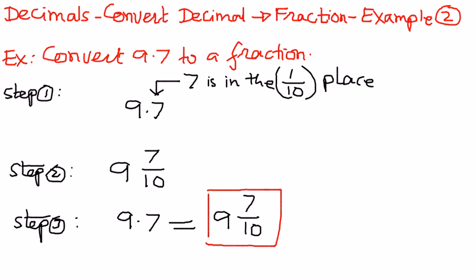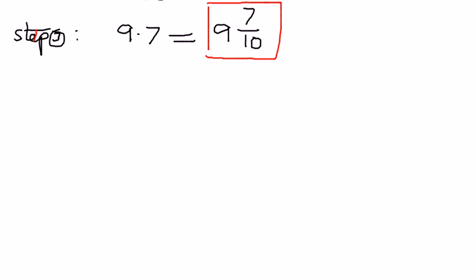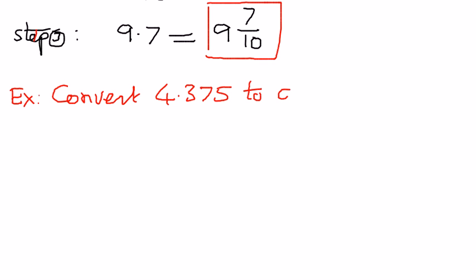So let's say we want to look at another example. In this example we want to convert 4.375 to a fraction. And then let us follow these steps and then see if we can arrive at the answer.